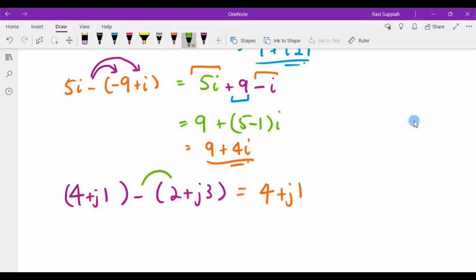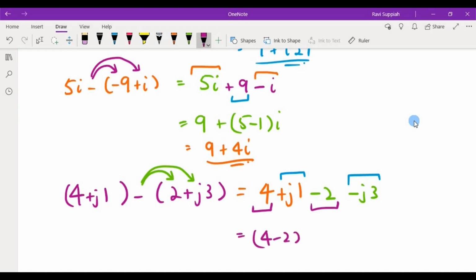Now for here, I multiply inside. So minus 2, negative and positive is negative j3. So the real numbers are 4 and minus 2. The imaginary numbers are plus j1 and negative j3. So what I have is 4 minus 2 plus j(1 minus 3). So the final answer would be 2 minus j2.